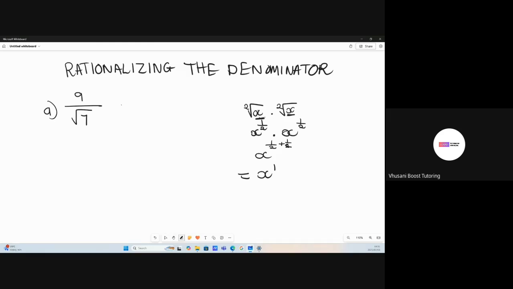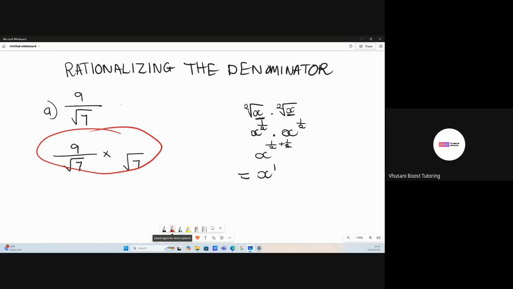So how do we do that to this portion, so that we do not also change the expression? We will say 9 over square root of 7, and we'll multiply this with the square root of 7 in the denominator, so that we can cancel out the roots. But now this whole expression is different to what we have originally.